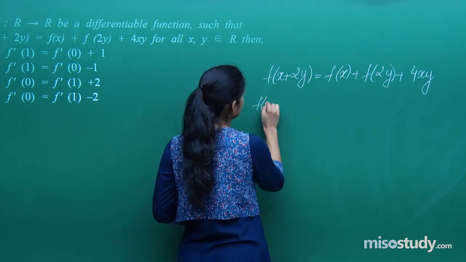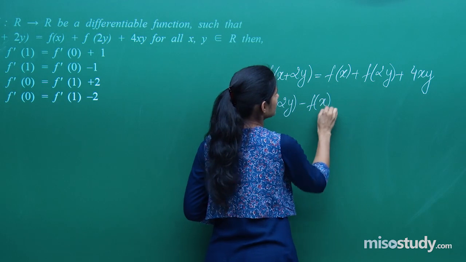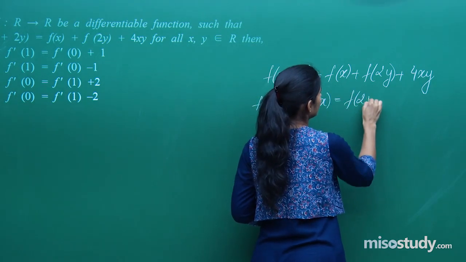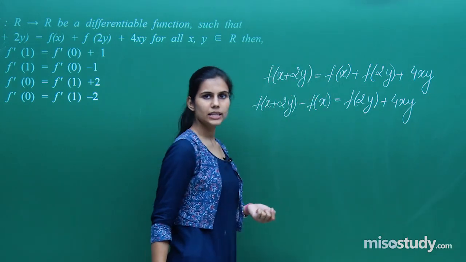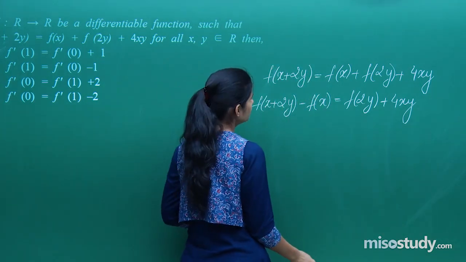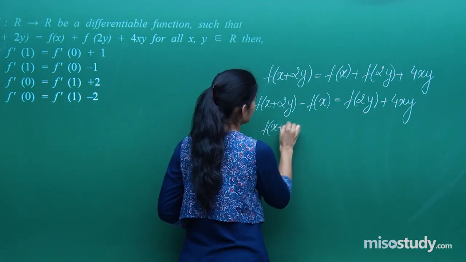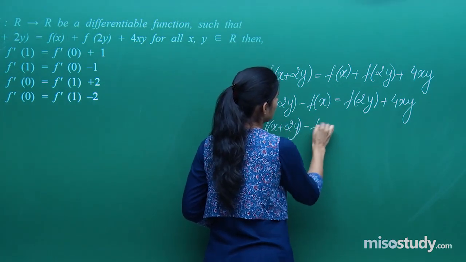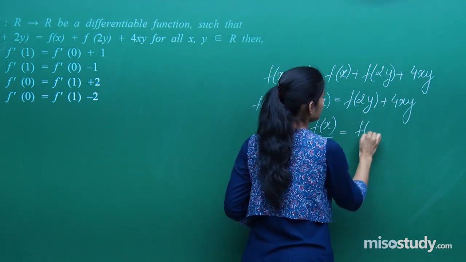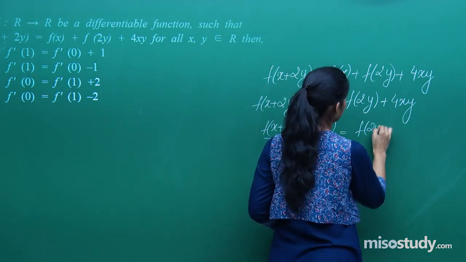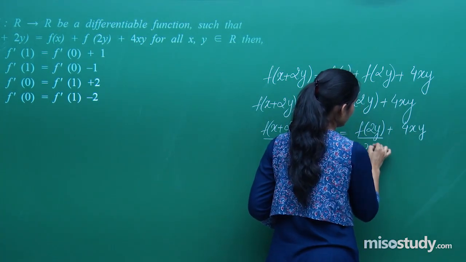So here what I can say is f of x plus 2y minus f of x is f of 2y plus 4xy. Clear? Now what you do is over here you divide by 2y. f of x plus 2y minus fx, whole upon 2y, is f of 2y plus 4xy upon 2y.